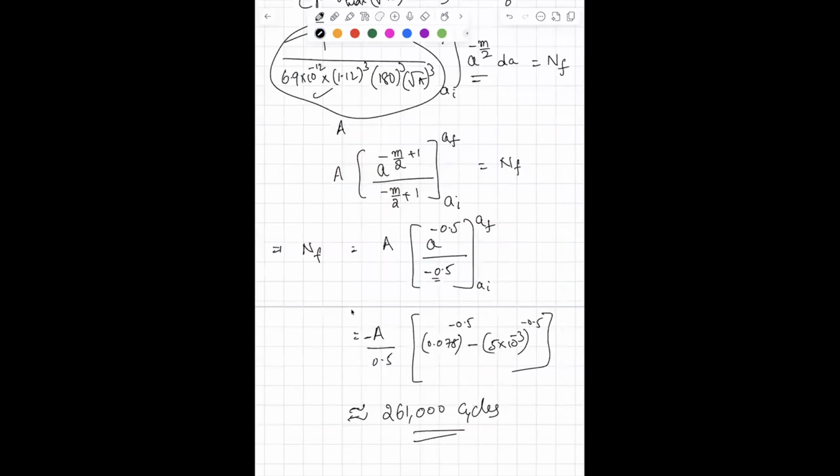No, sir. The cycle I'm getting is 6.7 into 10 power minus 14, not this number. Only the decimal will be changing, right, sir? Right.